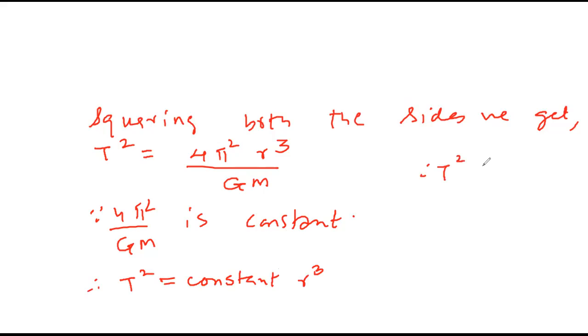So T square is proportional to r cube. Copy now till last line.